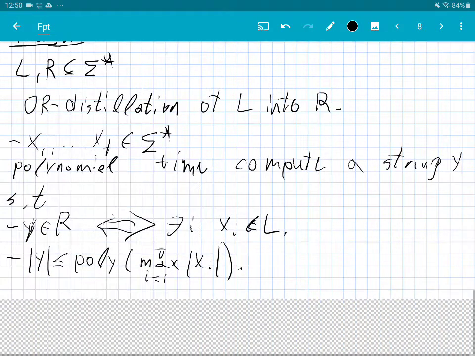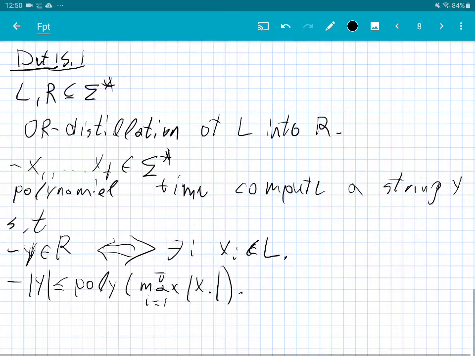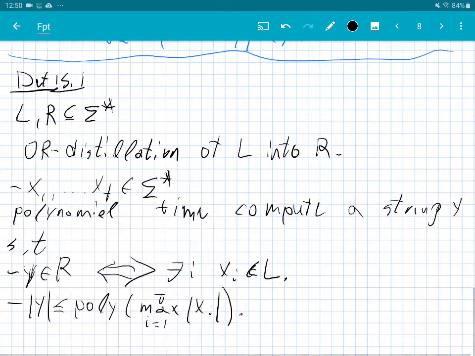Intuitively, if we have a problem for which we have this OR distillation, then it's almost solvable efficiently. It's not quite going to be in NP if we have this property for the language L; it's going to be in a slightly higher class, in fact in CoNP over poly that we saw before.